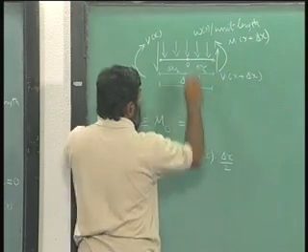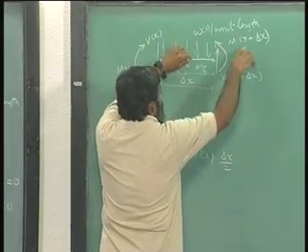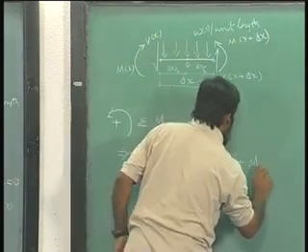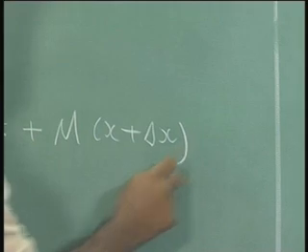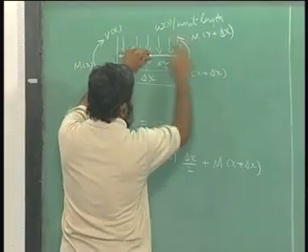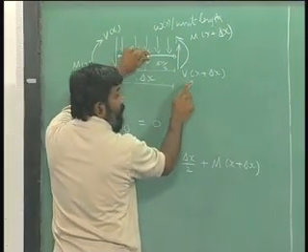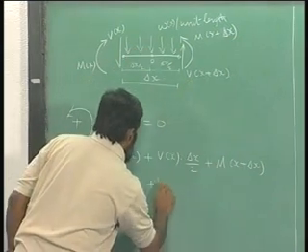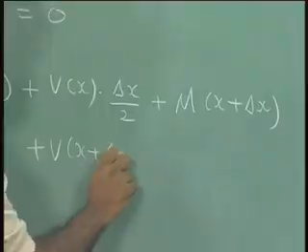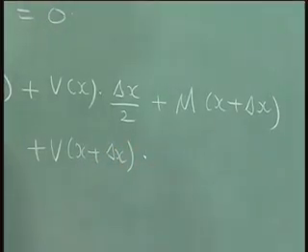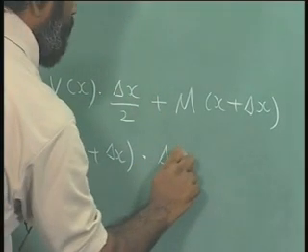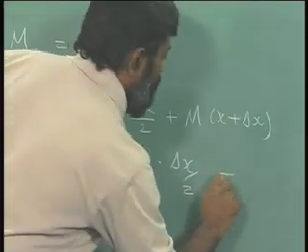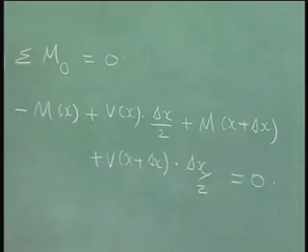To the right hand side about O, M of x plus delta x is in the anticlockwise sense. So, it is positive M at x plus delta x, and the other bending moment contribution is from V of x, and that is also counterclockwise, and that is V of x plus delta x times delta x by 2. Okay. Have I left out anything? Nothing else. This is equal to 0. Okay.